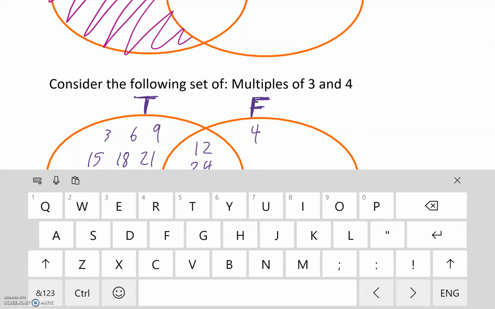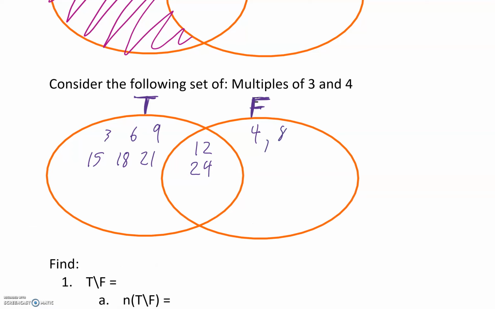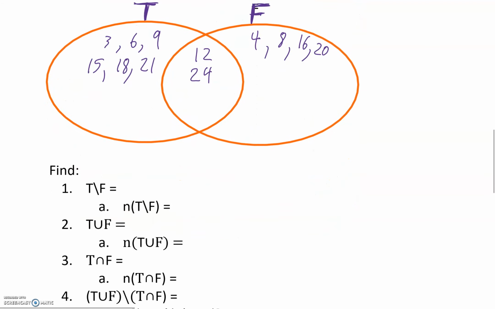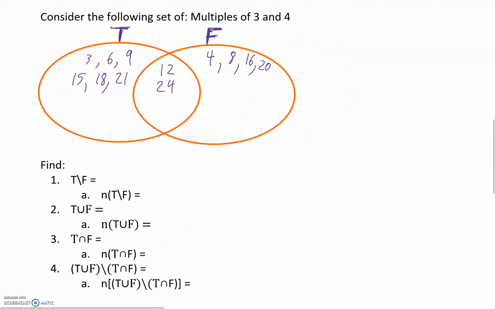So 4, 8, 12 is common, 16, 20, and 24 is common. Let's just stick with that. Okay, so this is a set of multiples of 3 and 4. With this set, find the following.